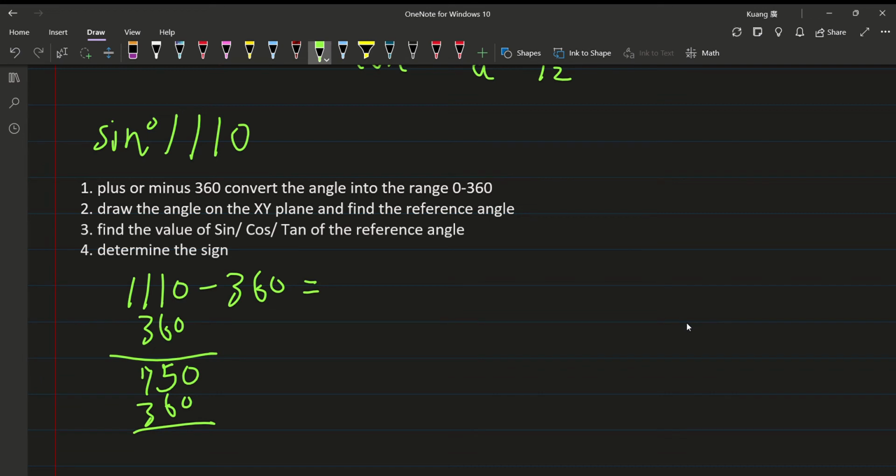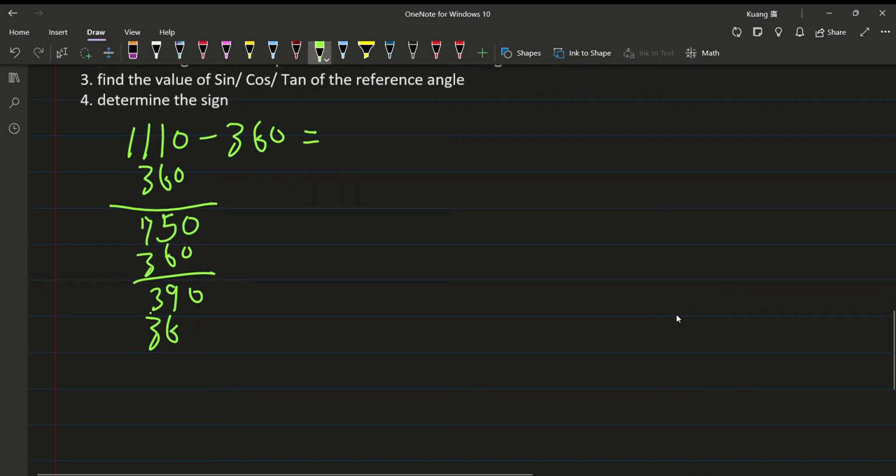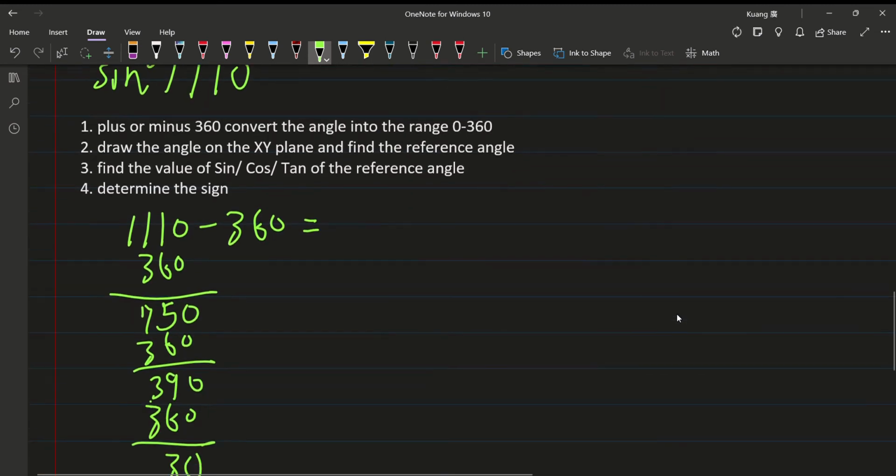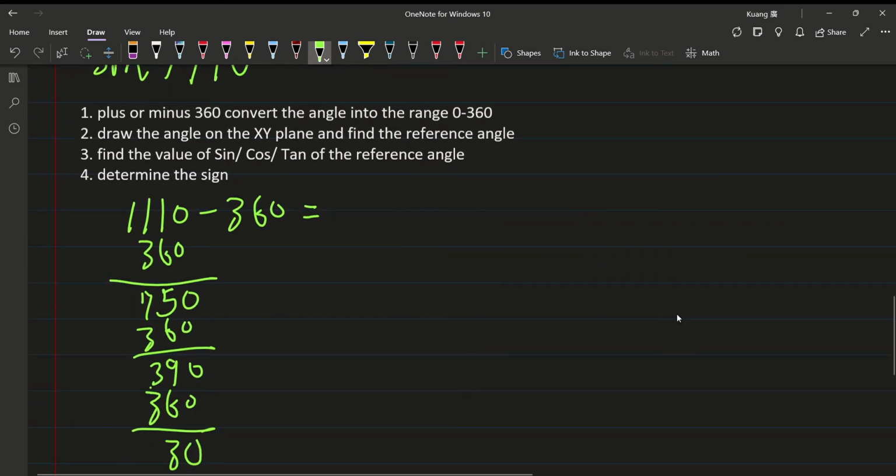So that would be 390, and then minus 360 again. So it's 30. Okay. So actually, if I want to find sine 1,110, it will equal sine 30.